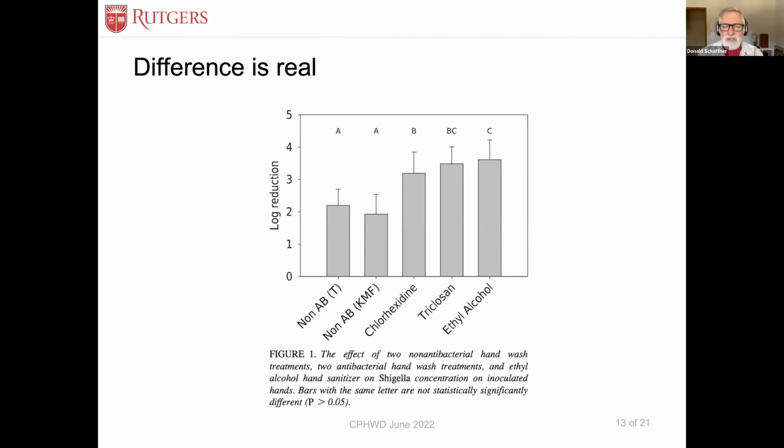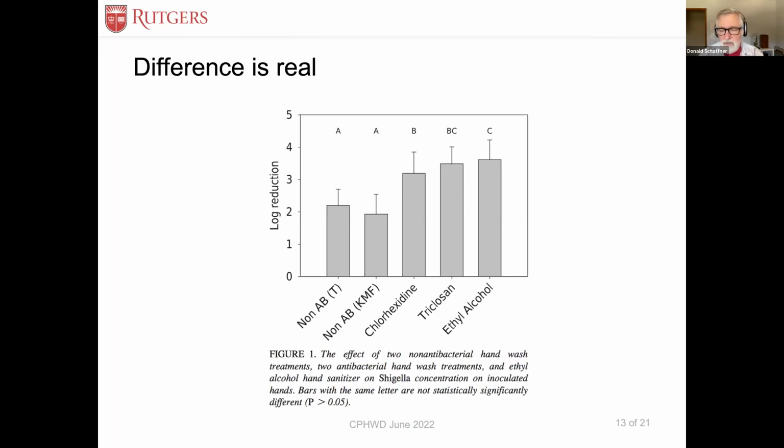It's like a very gentle baby soap. The third bar is antibacterial soap that contains the agent chlorhexidine. The next one is antibacterial soap with the agent triclosan. And then the last one is not a soap at all, but simply ethyl alcohol, so using it like an ethanol-based hand sanitizer.